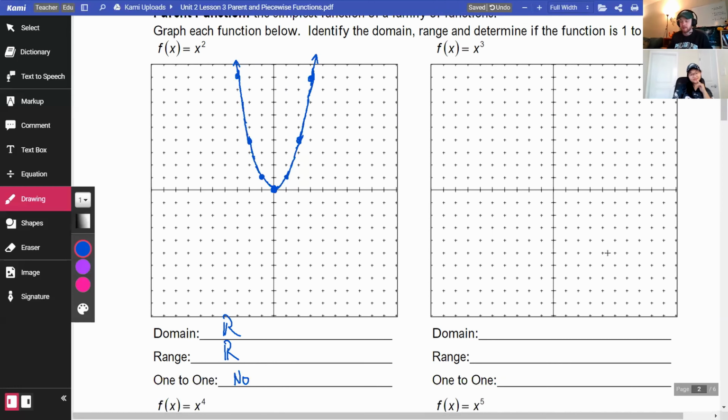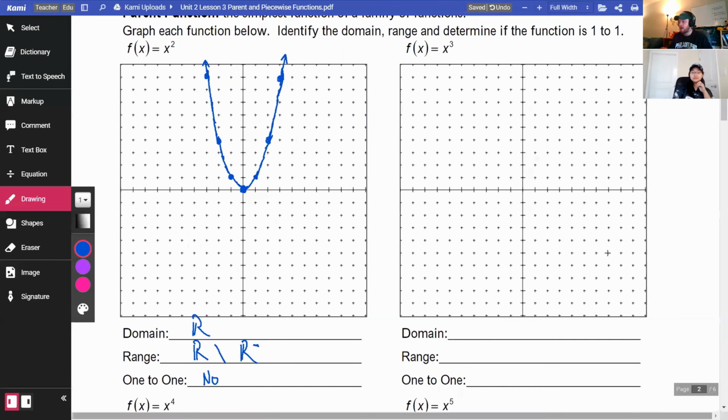I'll do this so people can see the backslash. R minus, this is kind of like a removal symbol for sets. So that's saying all the real numbers and then take away all the negative stuff. Cool. Have fun with how you answer these questions. Don't feel boxed into a certain format.